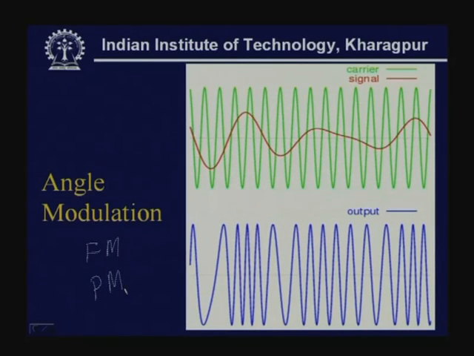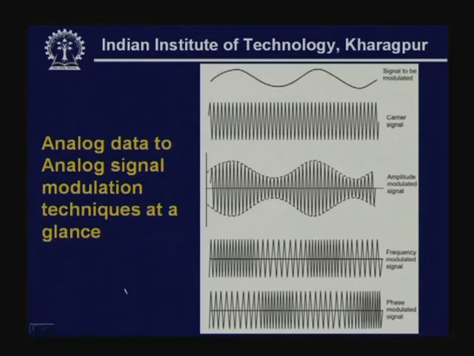And let us see all the four cases together. So, here is the signal to be modulated, or modulating signal, this is the carrier signal, and here is the amplitude modulated signal. You see the amplitude is changing and the envelope corresponds to the modulating signal, and here we have got the frequency modulated signal and here you have got the phase modulated signal. We see the nature of these two signals is absolutely the same.